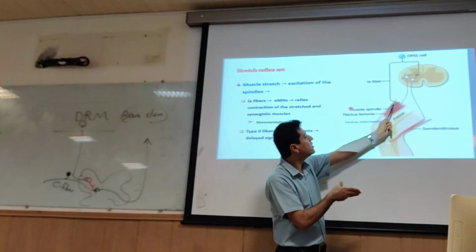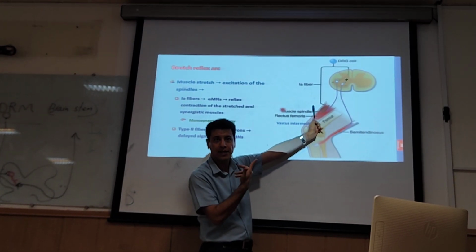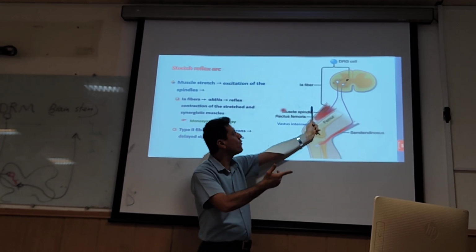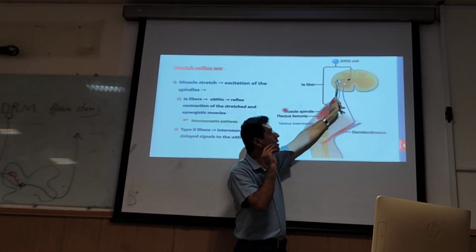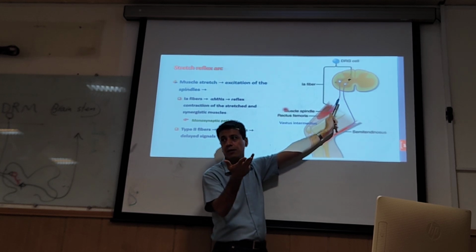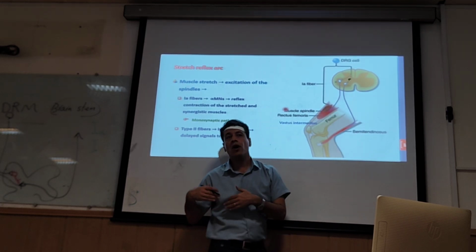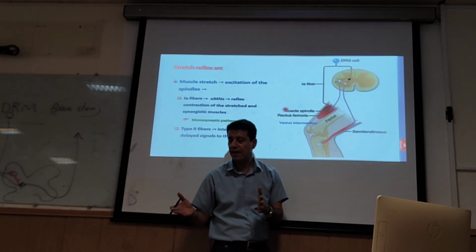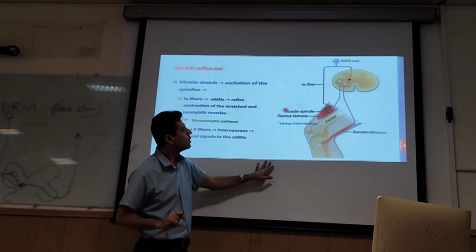But I told you that there is another fiber from the muscle spindle, the type 2 fiber. It's not shown here actually, but it should be there. Type 2 fiber brings the information to the spinal cord, but instead of synapsing directly onto the alpha motor neuron, it first activates interneurons, and interneurons activate alpha motor neurons. So we have a disynaptic or multisynaptic pathway because we have at least 2 synapses.